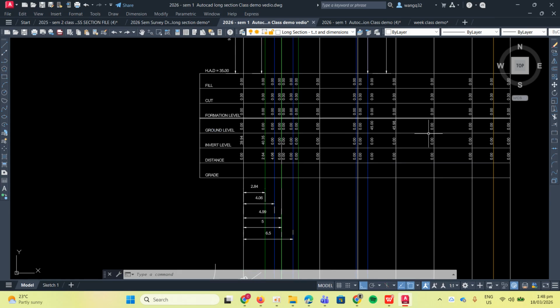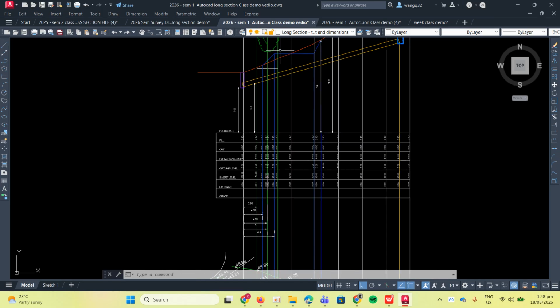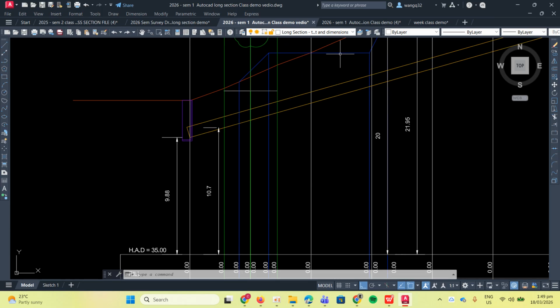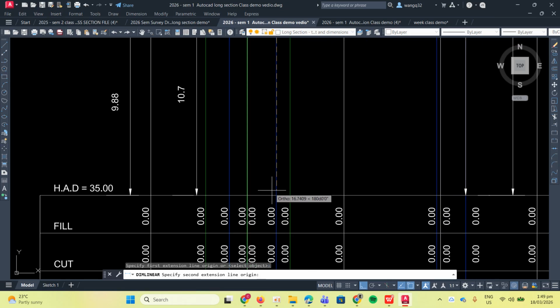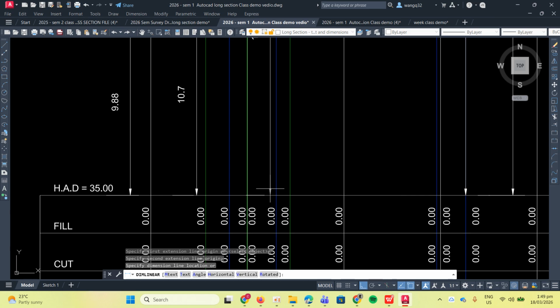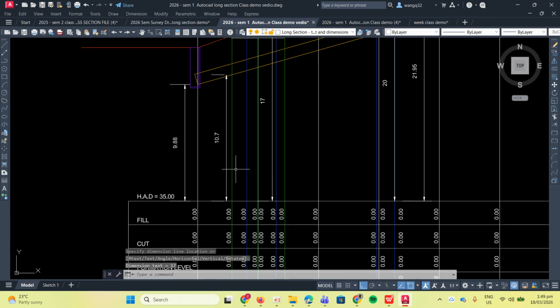So you need to change all these rows as well. And the formation level, which means your platform level. What you need to do is dimension from here to your HAD, which is 17. If you use 17 divided by 2, that gives me 8.5. 8.5 plus 35 will be 43.5.